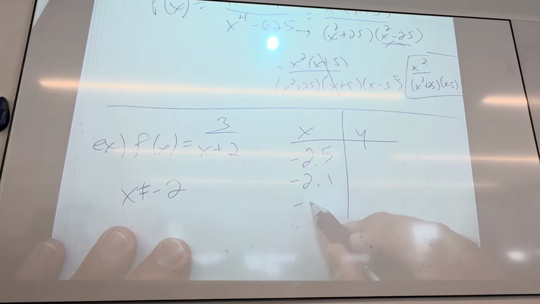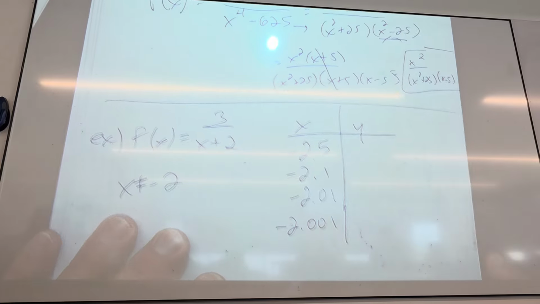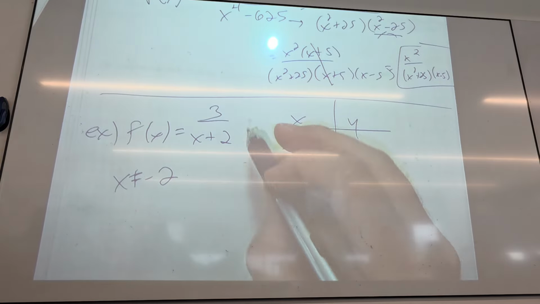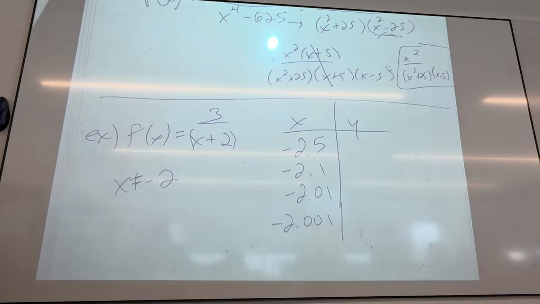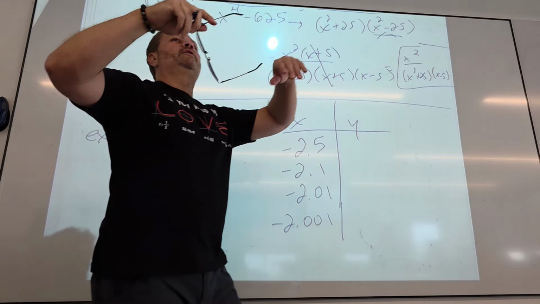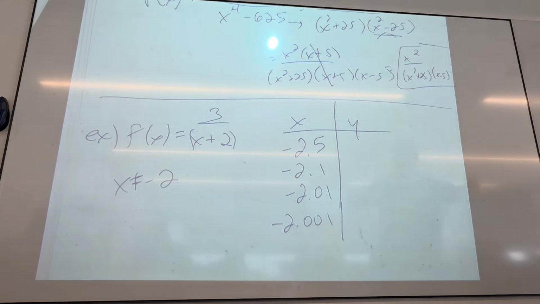Somebody put in -2.1. Somebody put in -2.01. And somebody put in -2.001. When you put them in, let me give you a little advice. Put the bottom in parentheses. Say 3 divided by parentheses, negative 2.5 plus 2.